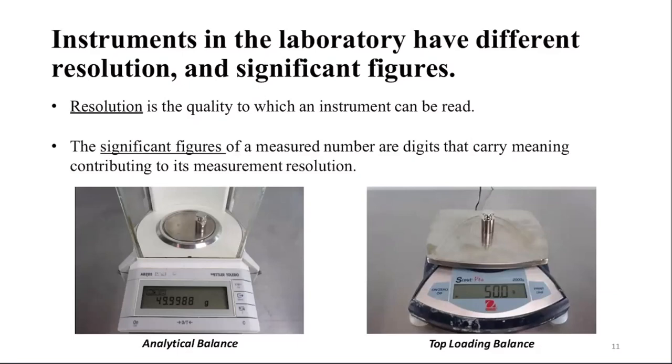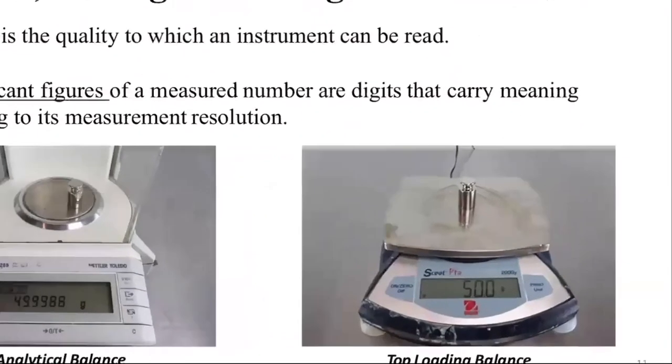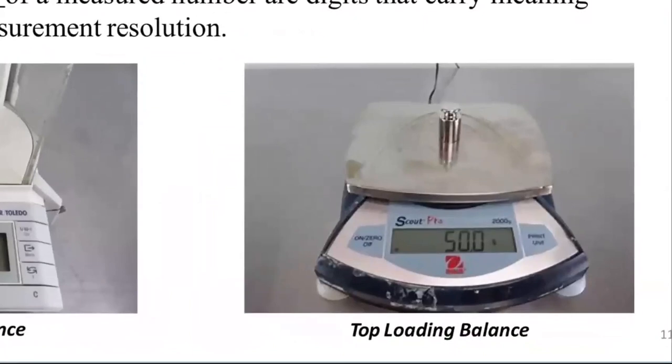At times in the laboratory, we have standards for mass, and this standard is 50 grams. If we look at the top loading balance, you can see that it says 50.0. Let me zoom in so you can see it. So you can say, yes, this is 50.0 grams.